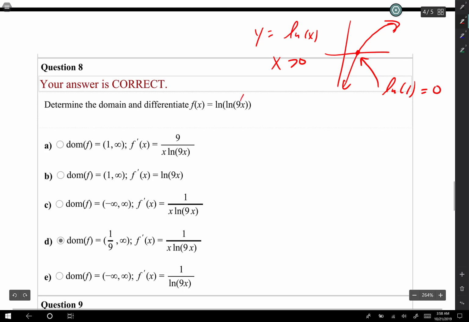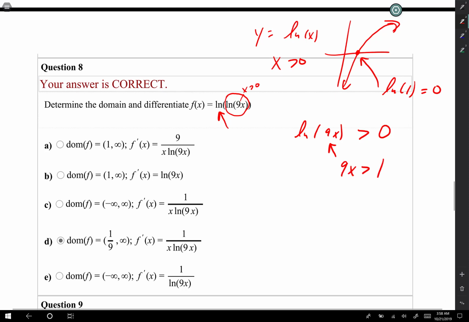So x has to be greater than 0, but remember, all this is inside of this ln, and it needs to be bigger than 0. So it's like saying ln of 9x has to be greater than 0. Well, you already know that ln of 1 is equal to 0. So this guy here must be greater than 1, sorry, not equal to.